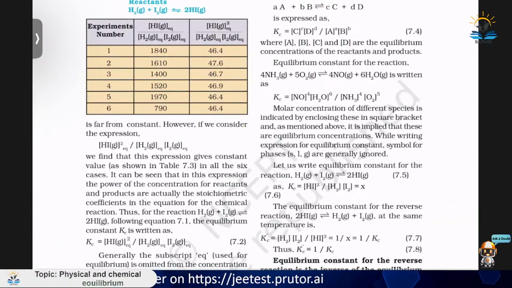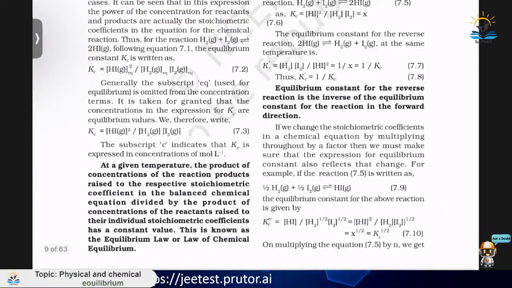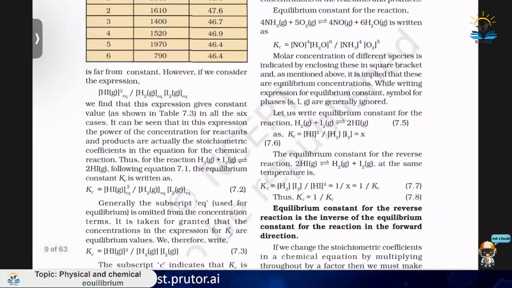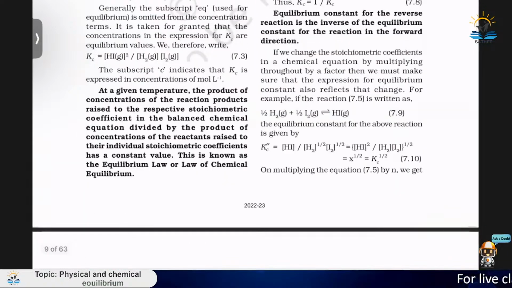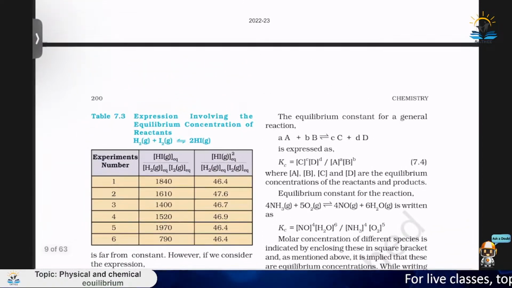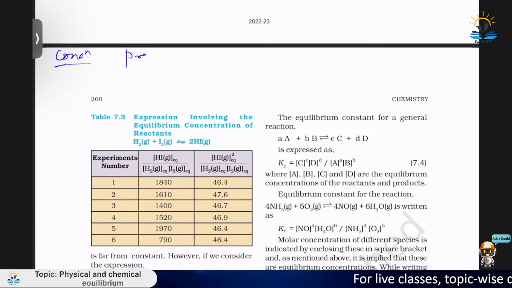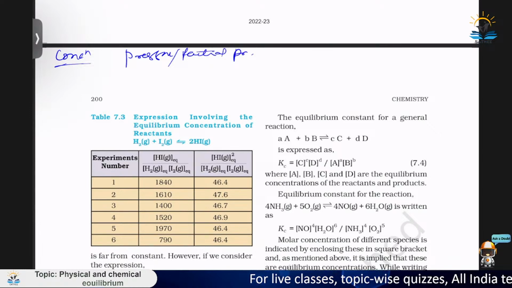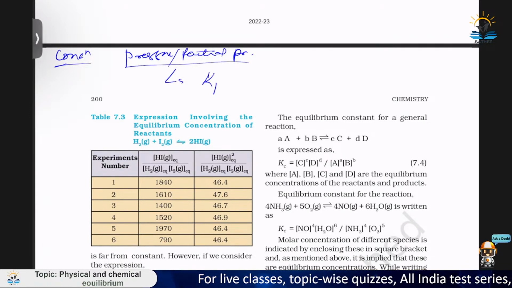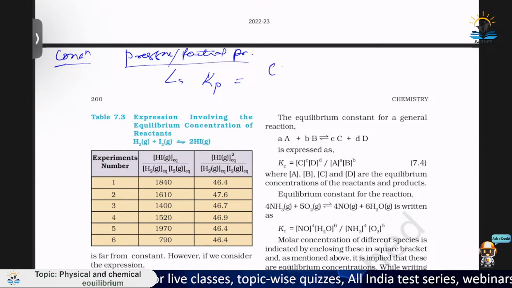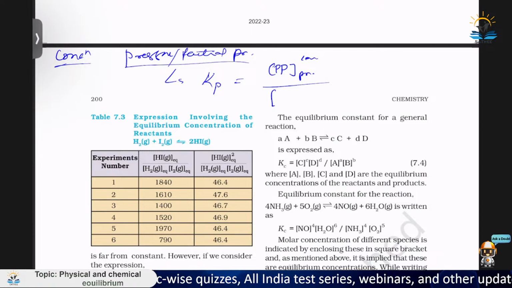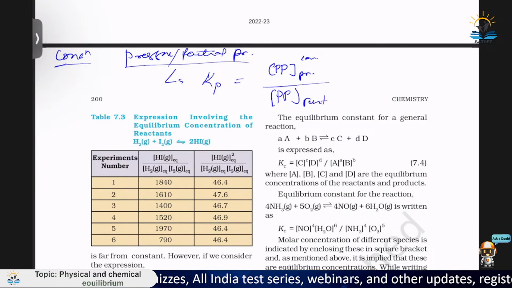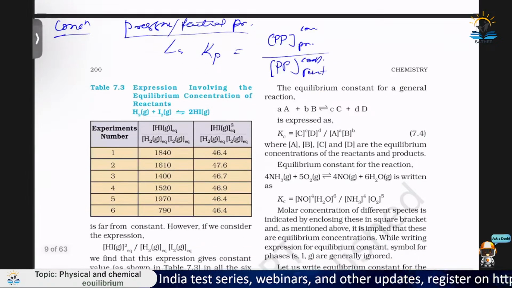Next, let's move on to one more equation, which is known as Kp, defined at constant pressure. Just like Kc is defined for concentration, if you take pressure or partial pressure as the defining parameter of equilibrium, you will write the equilibrium constant as Kp, and it will be the partial pressure of products raised to the coefficients, divided by the partial pressure of reactants raised to the coefficients.